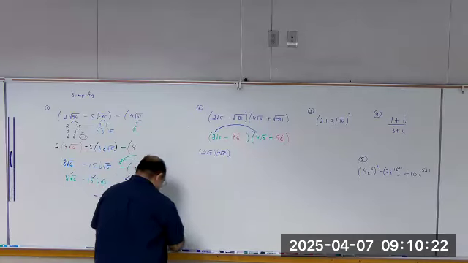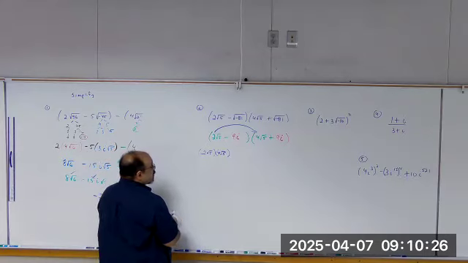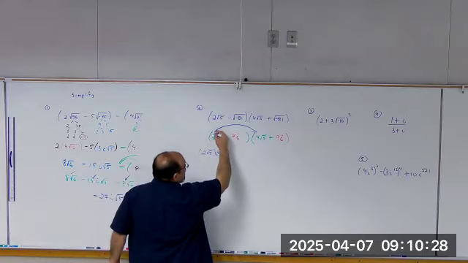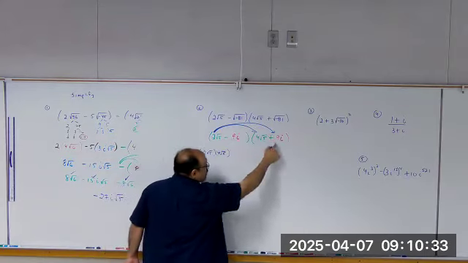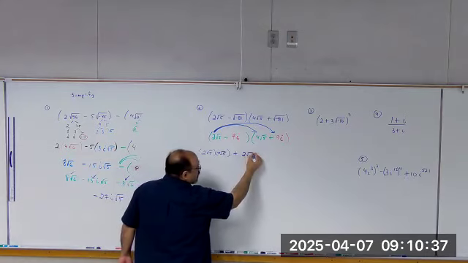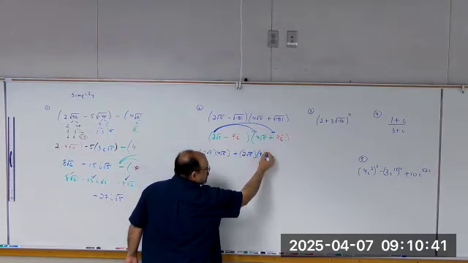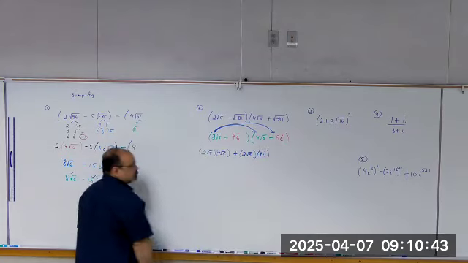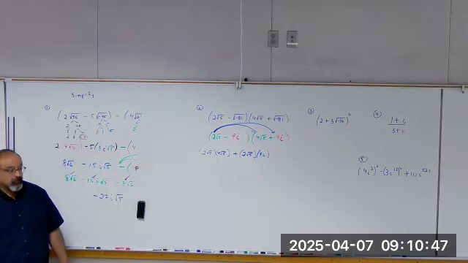Always with the sign. 2 square root 5 times a positive 9i. So positive times a positive, that's going to be a positive. 2 square root 5 times a 9i. I'm just distributing. I haven't done the multiplication, just distributing.